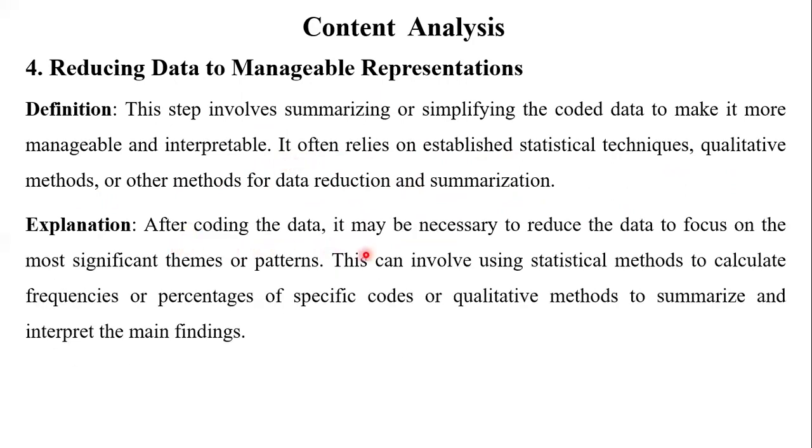After coding the data, it may be necessary to reduce the data to focus on the most significant themes or patterns. This can involve using statistical methods to calculate frequencies or percentages of specific codes. So if some codes are giving a lesser amount of frequencies or percentage, you can integrate those codes into others that are most dominant in nature.